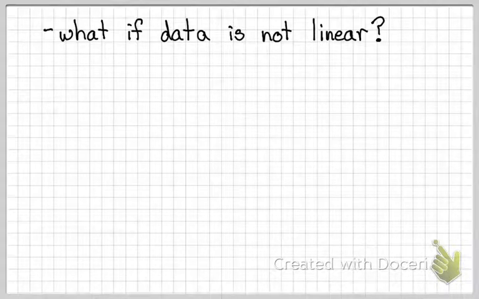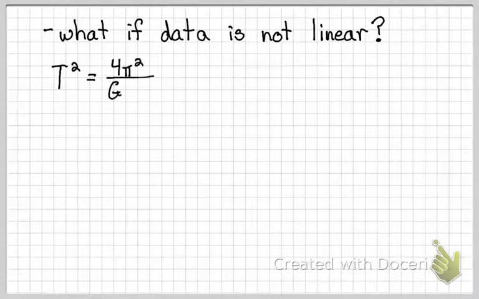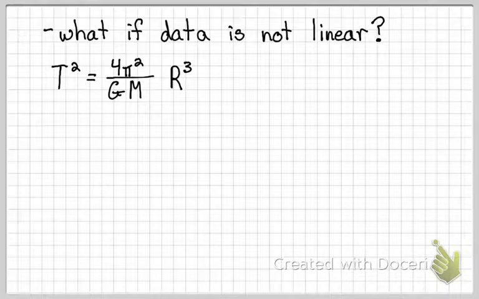A really good example for that is Kepler's third law, which says that for something orbiting something else, the period squared equals 4 pi squared over G times M, the mass of whatever is being orbited, times the distance cubed. You will learn this law later on, but don't worry about it right now.